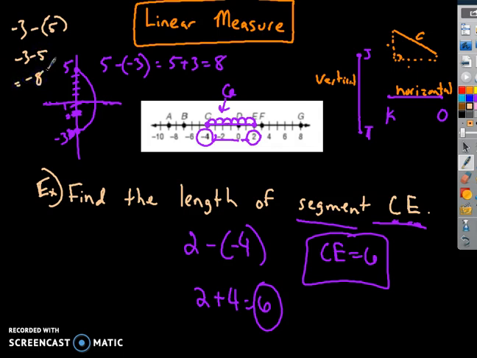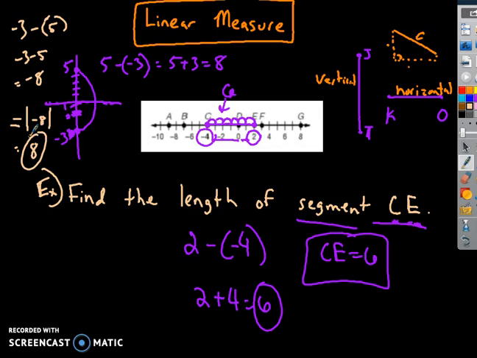Because distance should never be negative, we just take the absolute value of our answer. So I'll take the absolute value of -8, and you know the absolute value of -8 is 8. So whenever you get a negative length, it just tells you that you need to take the absolute value of it, and I get the right answer.